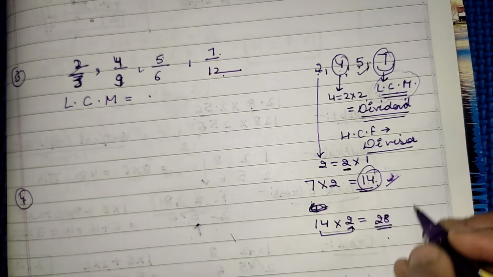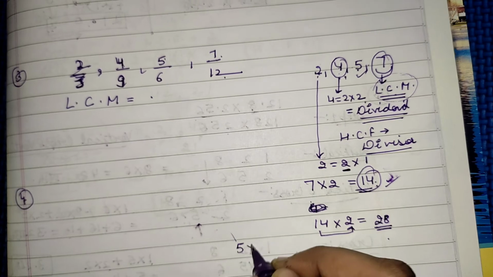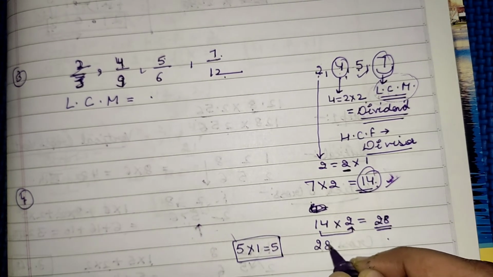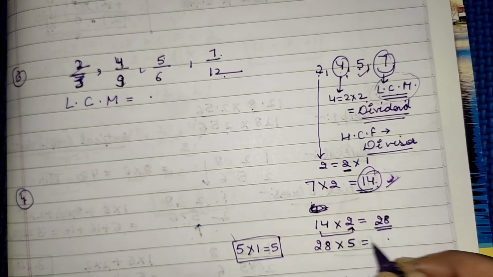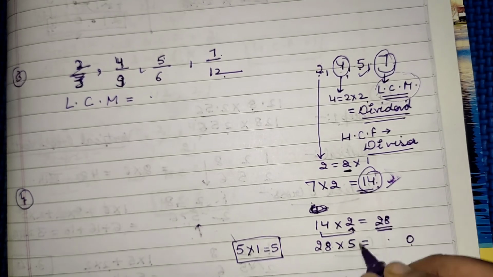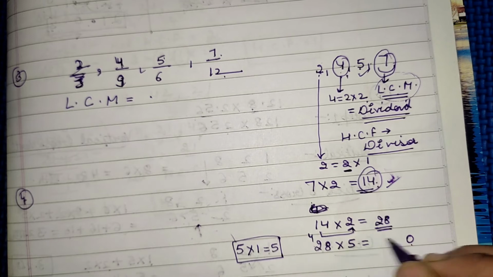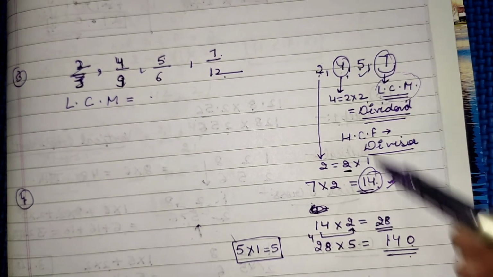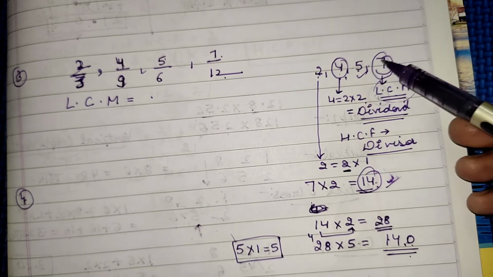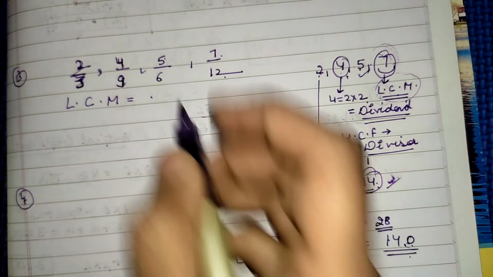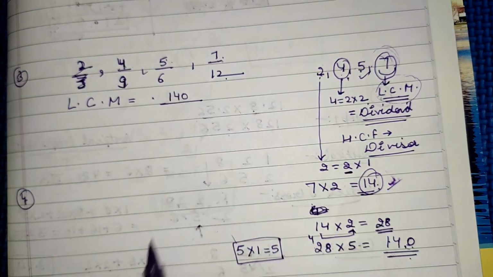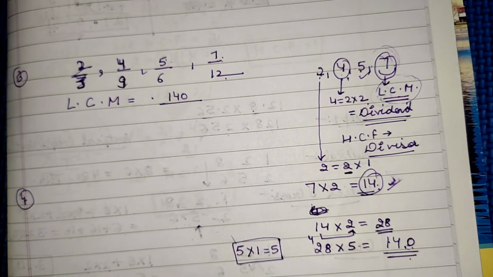No. So write down the factors of 5, which are 5 into 1. If I multiply 28 into 5, I get 140. This is divisible by 5 also, and it is divisible by 7 also. So LCM of these four numbers is going to be equal to 140.